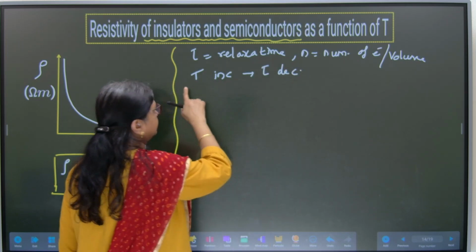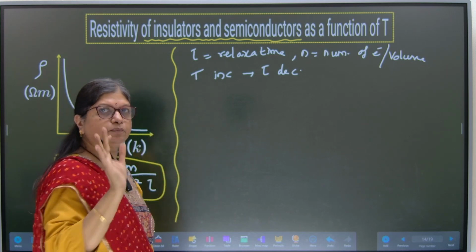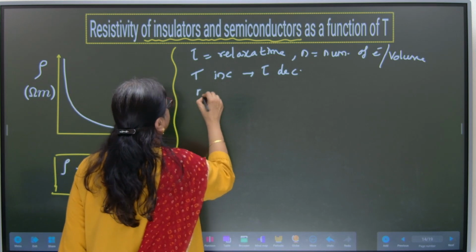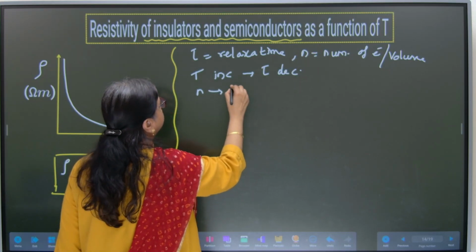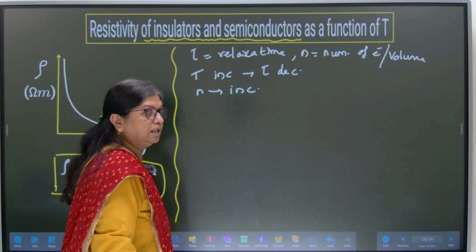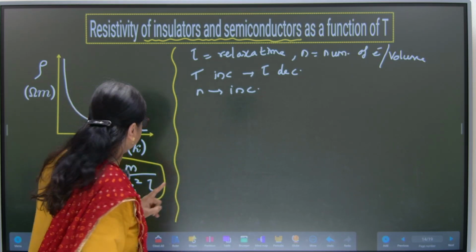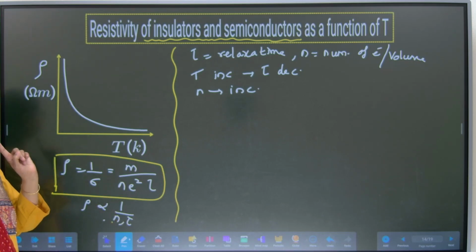As temperature increases, tau decreases, just as explained to you in the previous page. And the number of free electrons per unit volume increases because of the increase in temperature. So, in the denominator, n increases and tau decreases.